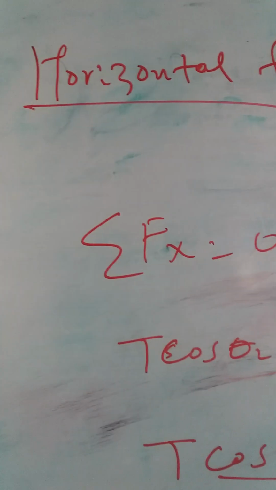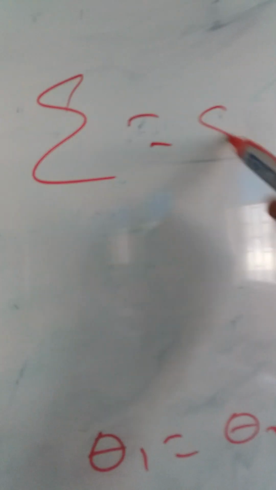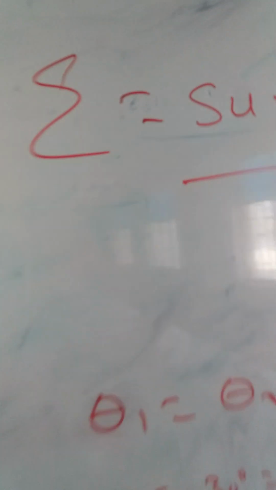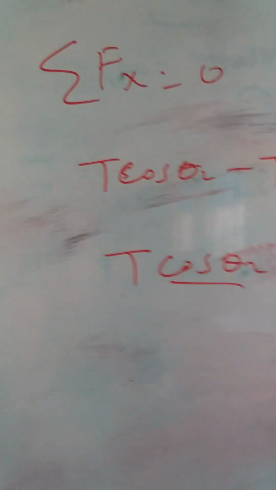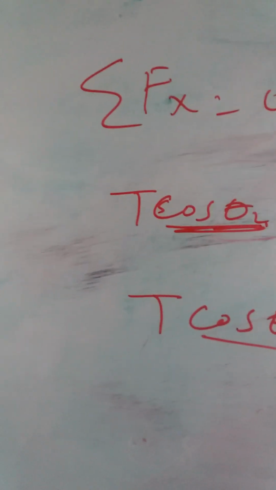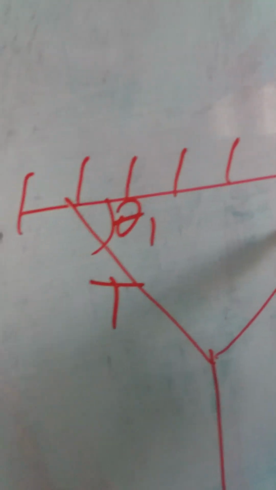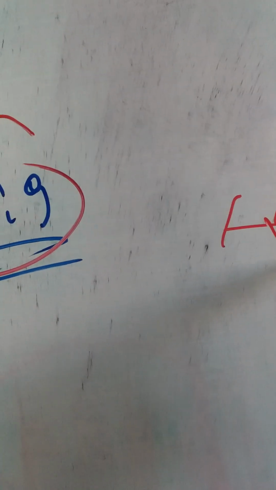Let's consider the horizontal forces. The sum of all forces acting on the body on the horizontal side is T cos theta 2 minus T cos theta 1, which means T cos theta 2 is equal to T cos theta 1.